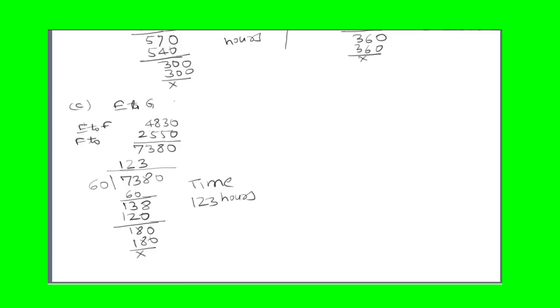And part D, total journey time. For A to A, the total distance we have already calculated.